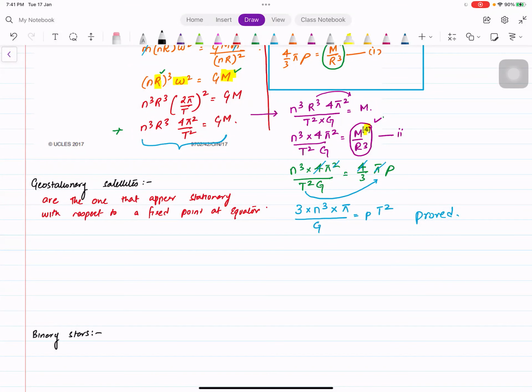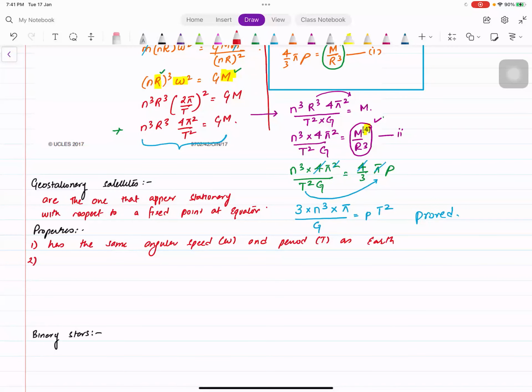The reason it stays at the same point is these 4 properties that you need to remember. First of all, the geostationary satellite has the same angular speed omega and the period T, time period, as Earth.